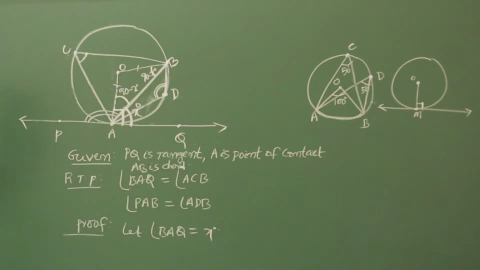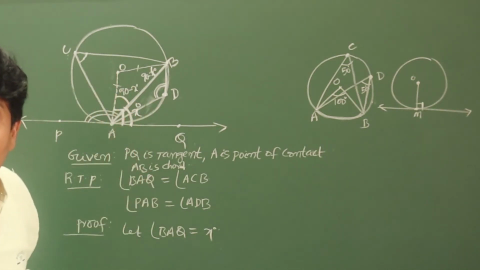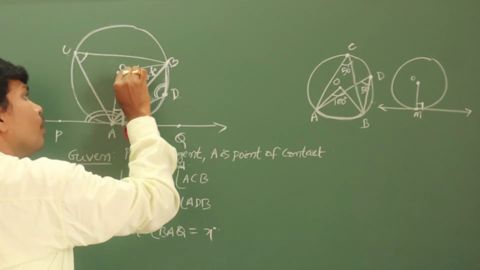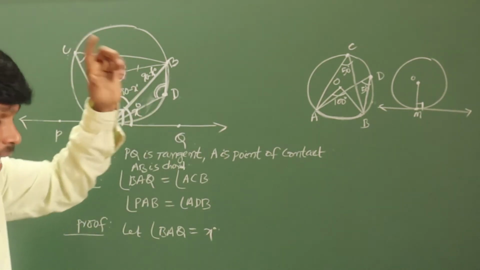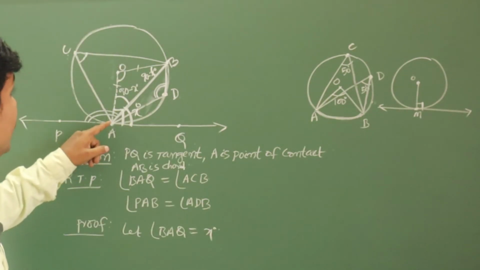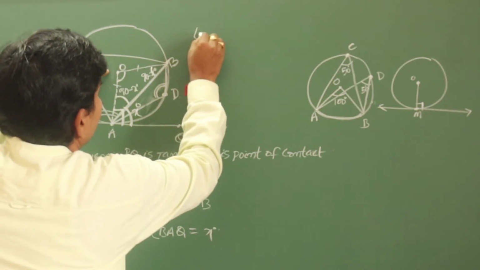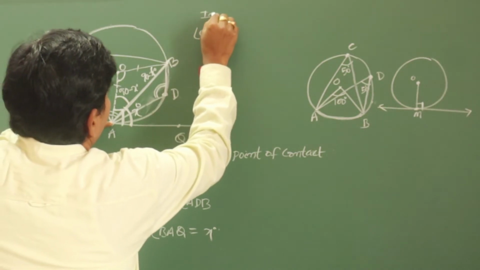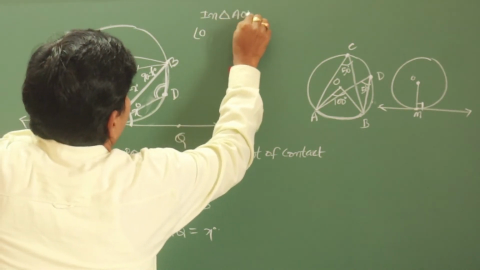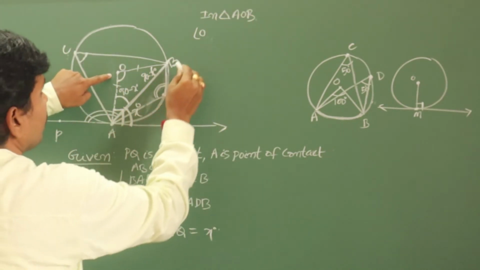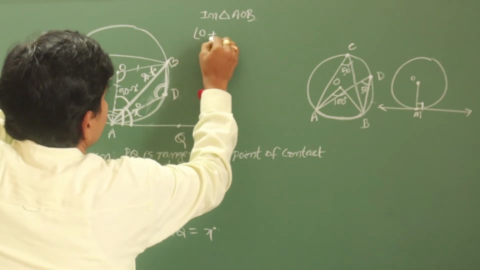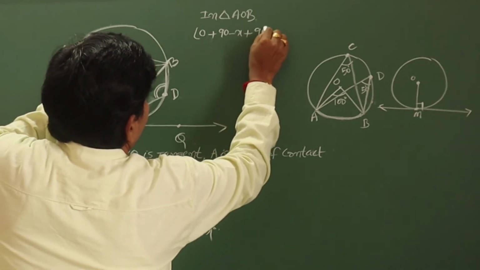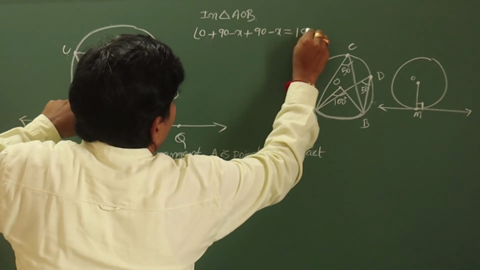Fantastic. Now the sum of the three angles in a triangle is 180 degrees. So what is the angle at O in triangle AOB? Angle O plus at A 90 minus X plus at B 90 minus X is equal to 180.